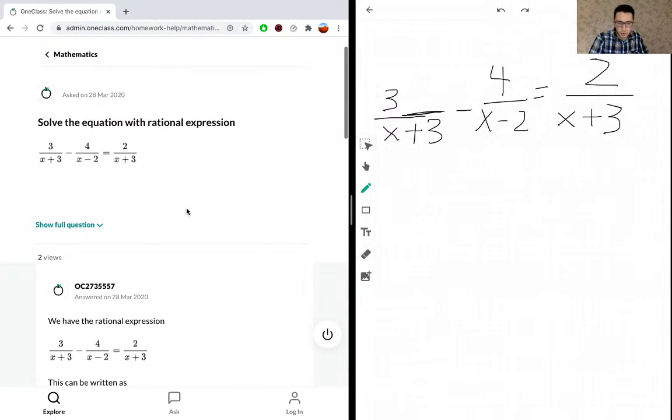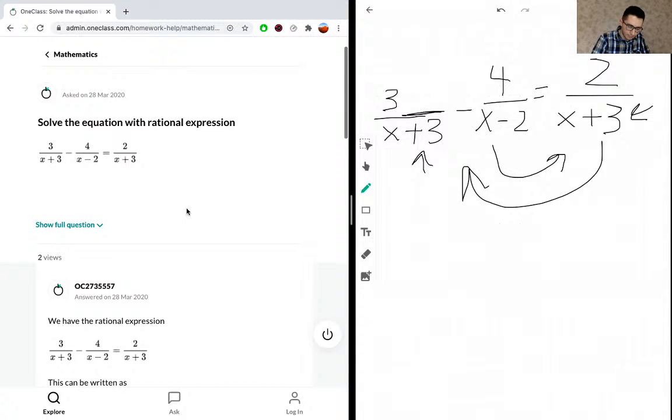So you could have a common denominator of x plus 3 multiplied by x minus 2. But another way to think about this question is to move terms around. We can move this term to this side of the equation and that term to the other side, because we already have a common denominator of x plus 3 in this term and in this term.